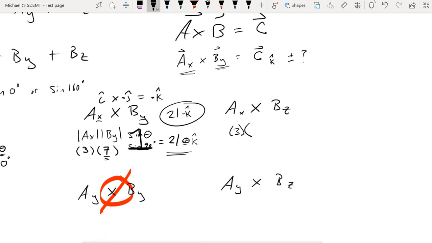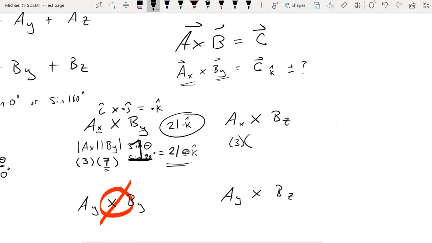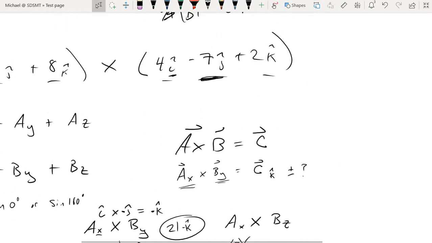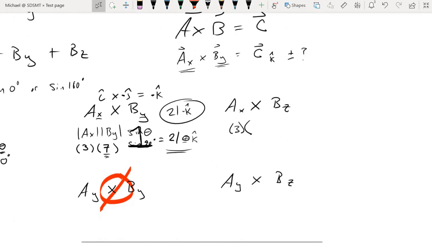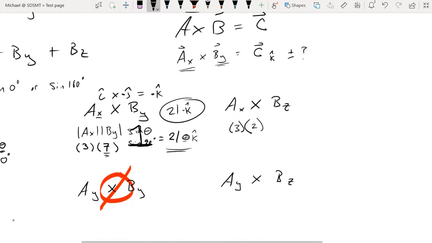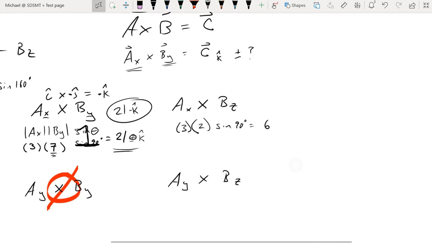Back to AX cross BZ. Okay, AX had a magnitude of 3, BZ has a magnitude of 2. The sine of the angle between them, the angle is 90 degrees, so we're getting a magnitude of 6. I'm using I hat cross K hat, so I know I have to have a J hat, but is it positive or negative?